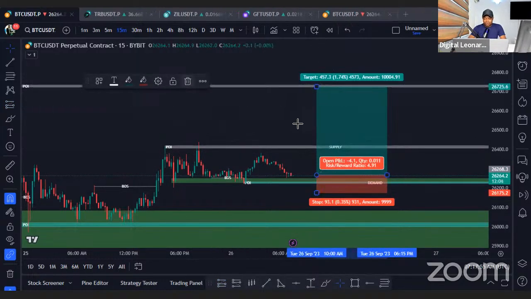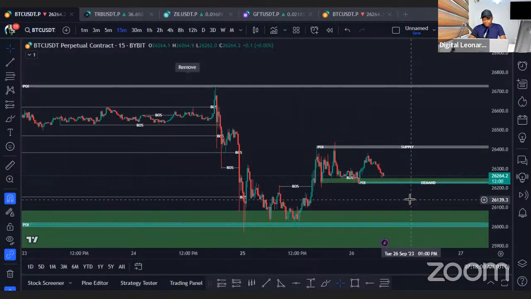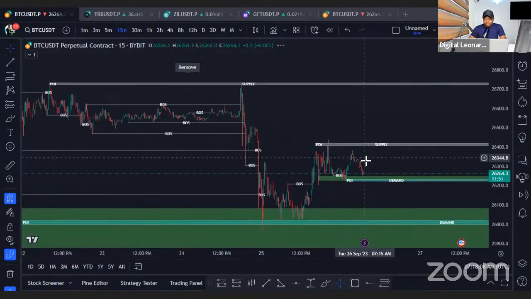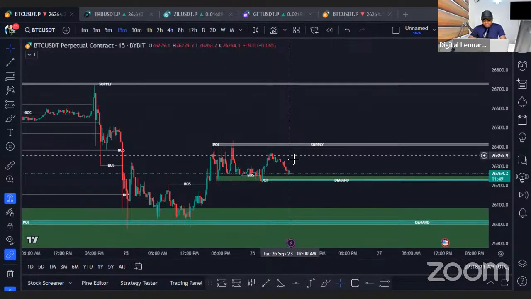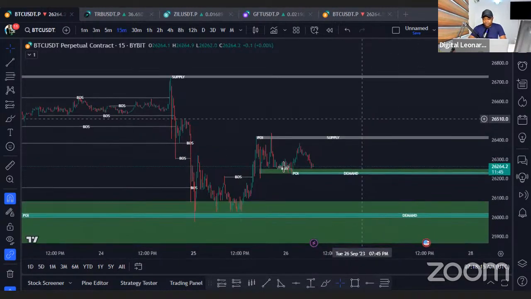If we do break below that level, then maybe you can be looking for your long setup from down here at that 26.18, 26.20 level to the upside. That's personally what I'll be looking at for BTC. Though I'm already in a long trade, so I'm still hoping that this will consolidate for a while and continue that journey to the upside.